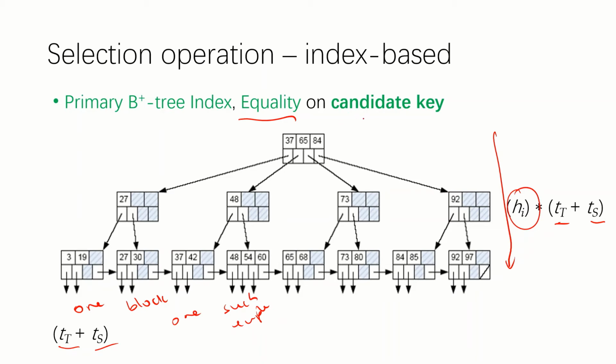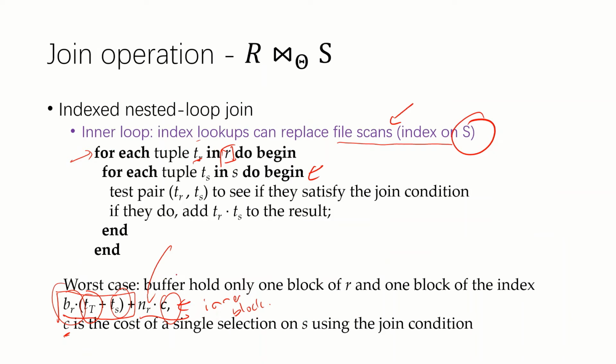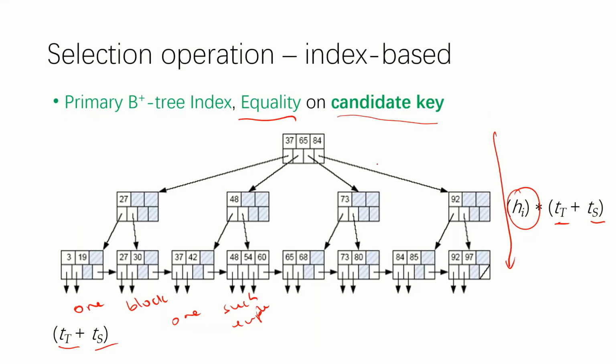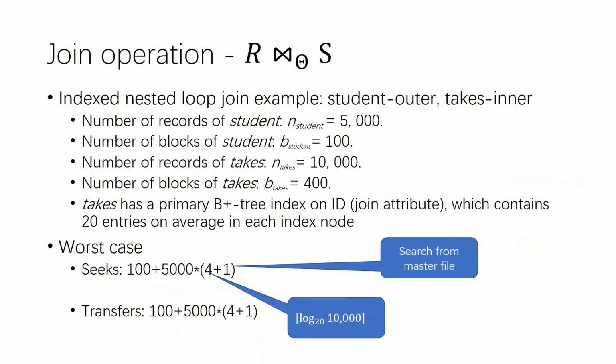So I have a place here for equality on a candidate key, and if it's going to be a range on a candidate key or a range on any tuple, then the cost will be different correspondingly. So which is why this is a generic variable, just a generic C variable, and it will depend largely on what kind of query you're trying to run. Okay, so I hope this is clear.